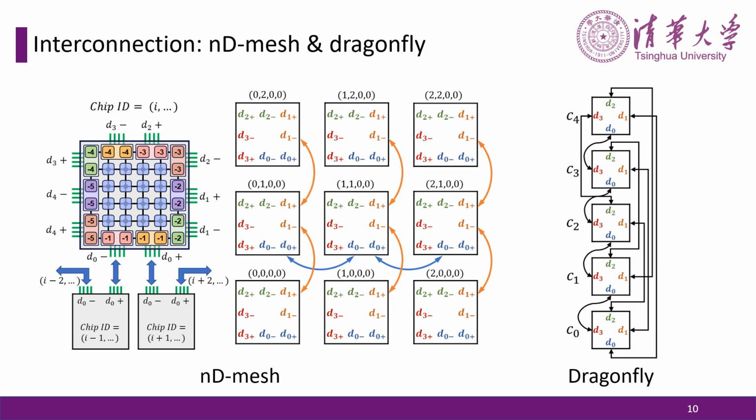As shown in the figure on the right, chiplets can also be connected into a dragonfly network of n plus 1 nodes by clustering interfaces into n groups. In addition to the above homogeneous topologies, irregular topologies can also be supported, but irregular topologies are not discussed today.